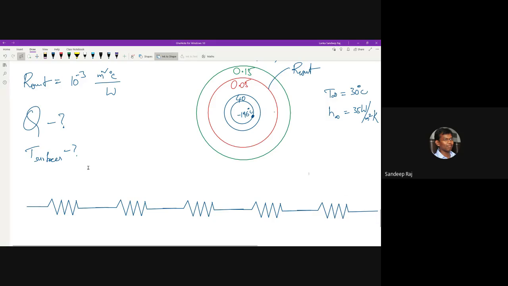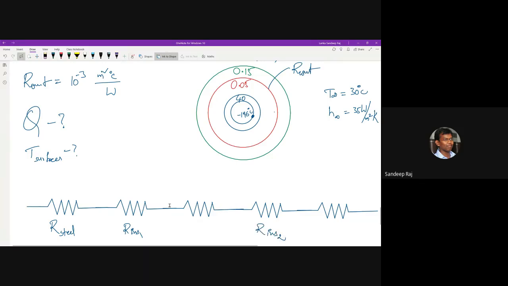Because the first resistance will be due to the inside sphere, the steel. And next, adjacent to steel, you have this red color insulation, R insulation 1. And next you have R insulation 2, which is in green color.